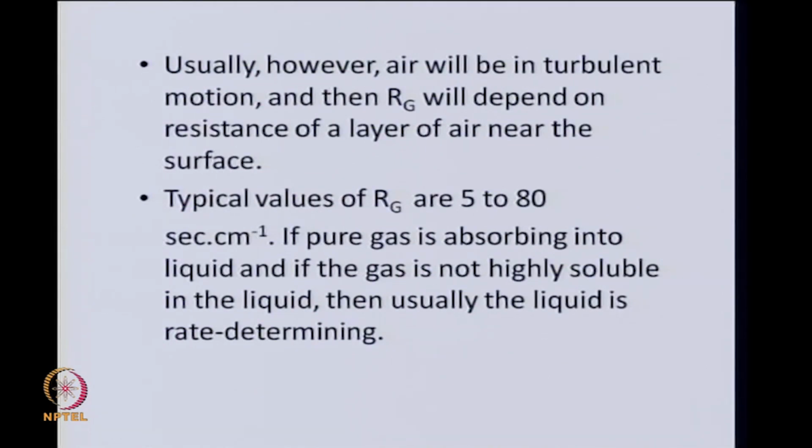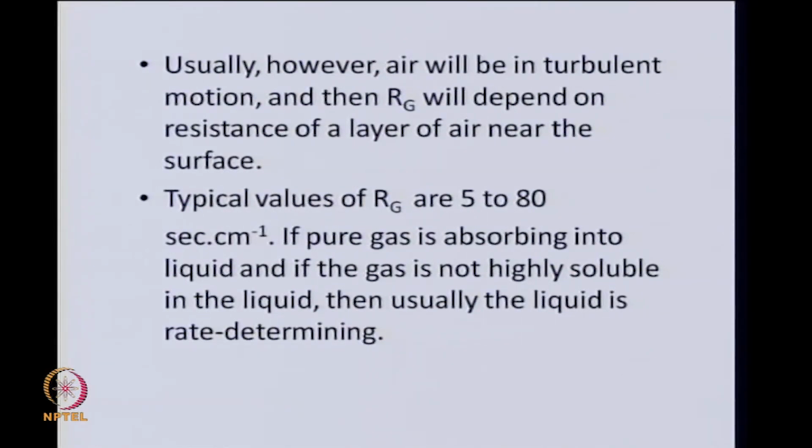Usually, however, in practice the air would be in some kind of chaotic turbulent motion, and therefore Rg would depend on the thickness of the layer which would contribute to the resistance. So, the typical range of values for Rg is about 5 to 80 seconds per centimeter.